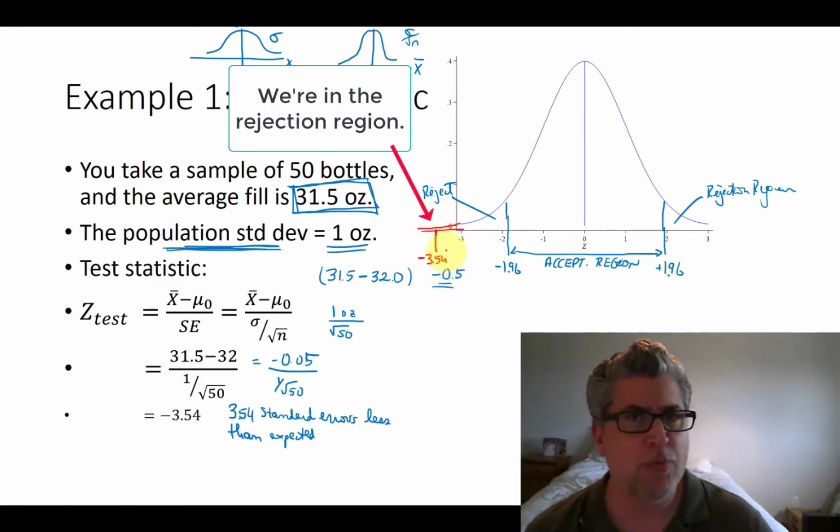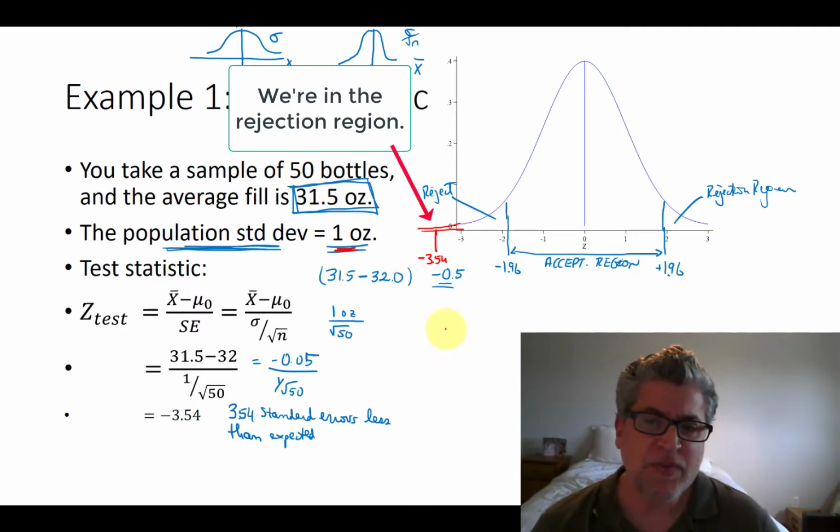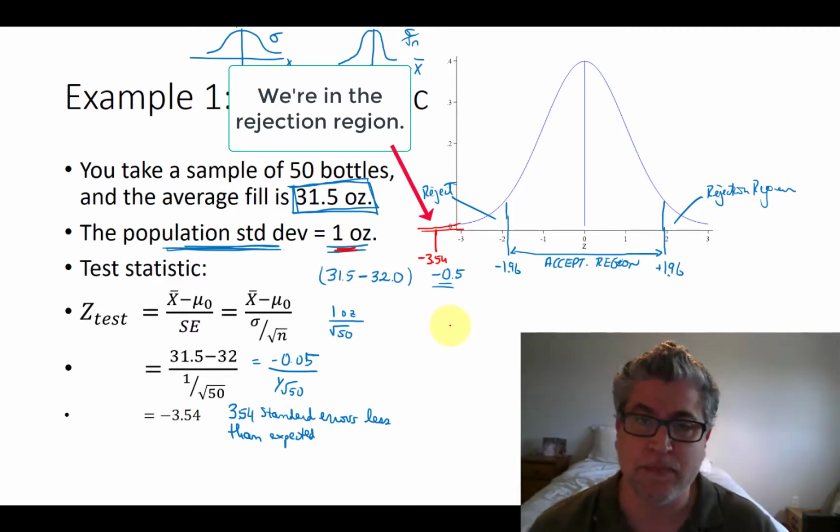It is a really low probability event that if the machine were working properly with this standard deviation, we would take a sample of 50 and get an average that low. So even though in practice it's only half an ounce too little, statistically speaking, this is light years way too small. It's massively too small, and it indicates that your machine is broken down.